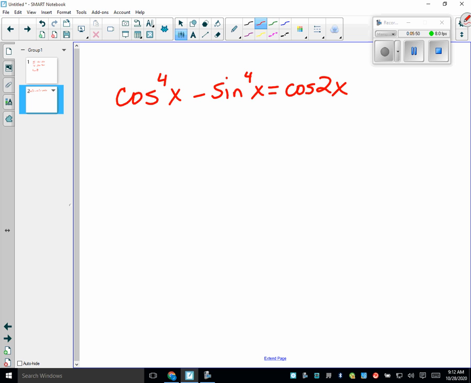Well, isn't 2x the half angle? It's a double angle. It is. But there's so much less over there that it worries me. What are you thinking, Caden? Could you change sine to the fourth of x to 1 minus cosine?